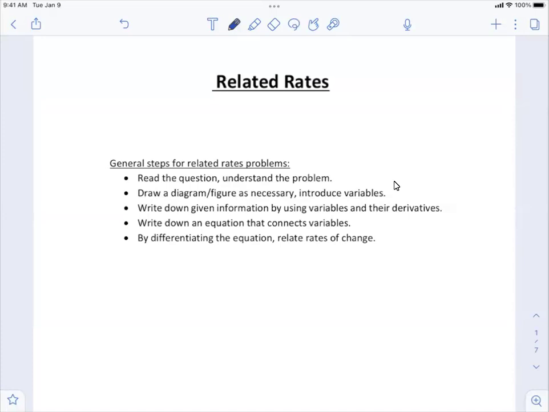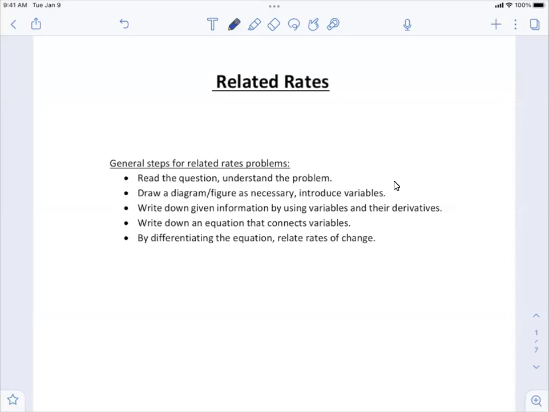First of all, when you look at any related rates problem, these are word problems. So usually, read the question, understand the problem, draw a diagram to have a better understanding of the scenario, and then introduce variables.